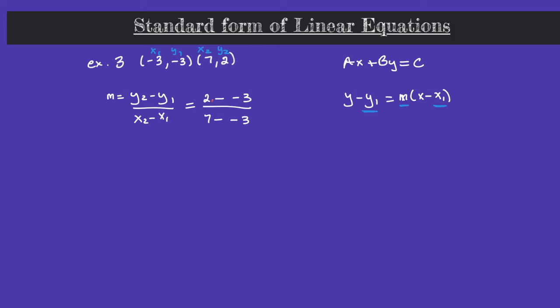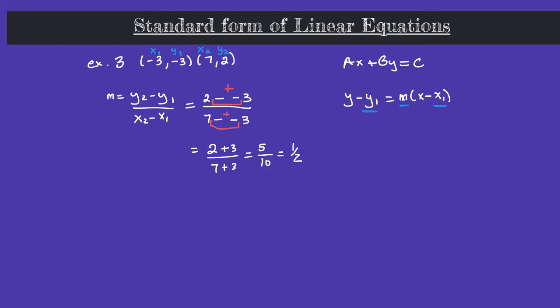Here we have us subtracting a negative number, and remember, when we subtract a negative, that becomes positive. So I'm going to go ahead and rewrite that 2 plus 3 over 7 plus 3, which is equal to 5 over 10, which simplifies to 1/2. So our slope m is 1/2.